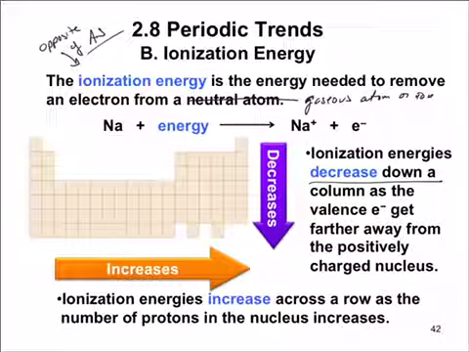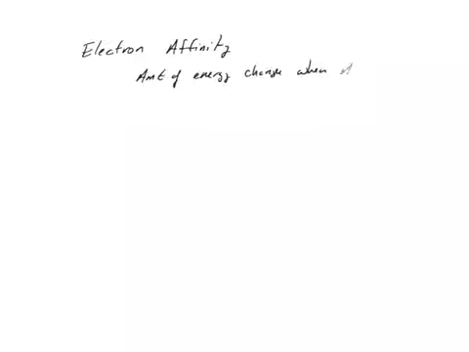Now, I'm going to add one more periodic trend that I don't believe is in the book, but I like it. And that is electron affinity. Okay? Ionization energy is the amount of energy required to remove an electron. Electron affinity is the amount of energy change when you add an electron to a gaseous atom or ion.